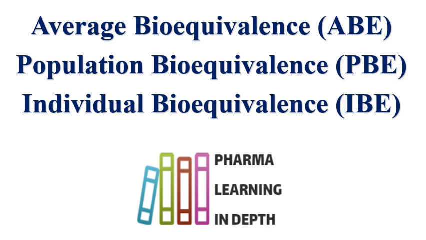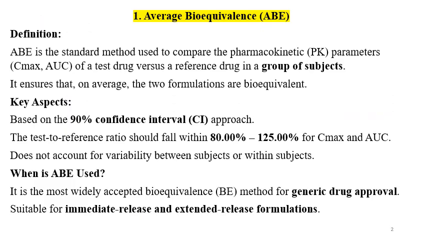I am also learning, and I am very happy to see that by making this video along with me, many of the professionals are also learning. Let's start with this video, and I request you to be with me till the end of this video to have a good idea about the bioequivalence studies.